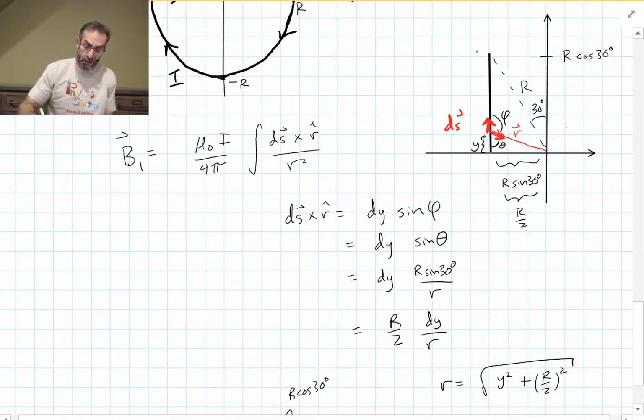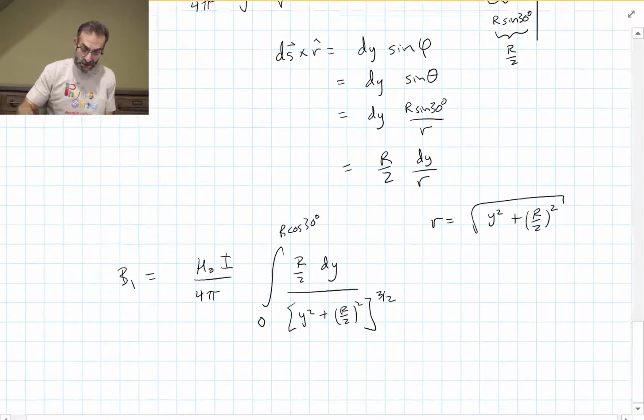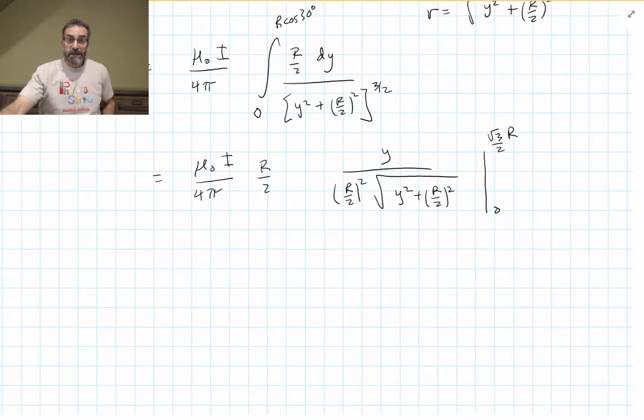We're integrating over the whole length of that wire from 0 to R cosine 30 degrees. Using the integral table, I evaluated the integral, and now we'll plug in the limits and see what we get.